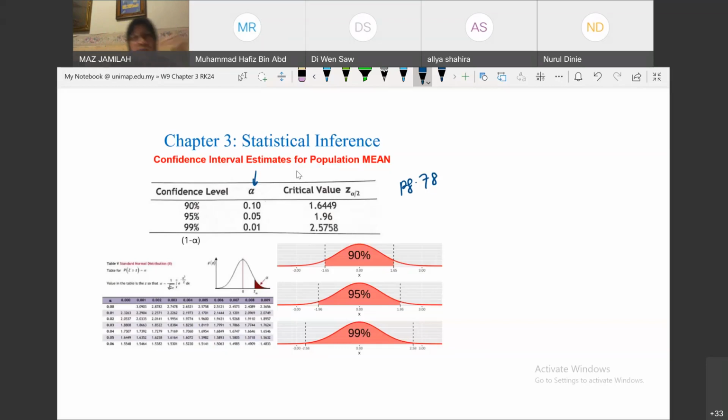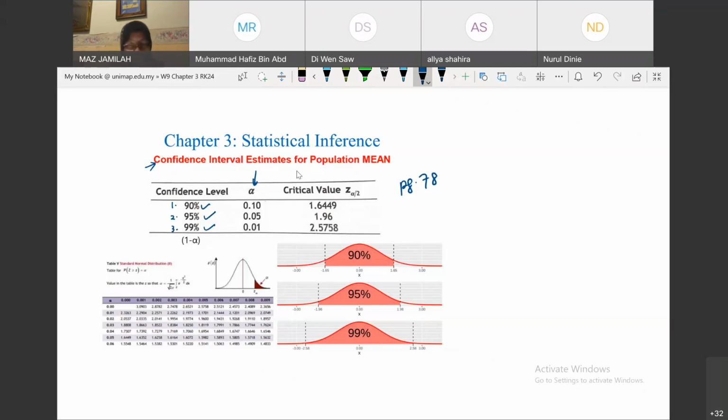When we discuss the interval estimate in terms of the confidence level, that's why we call it the confidence interval estimate. The most common confidence levels are 90%, 95%, or 99%. Can we use others? 98% can, 93% can, but the most commonly used confidence levels are these three.